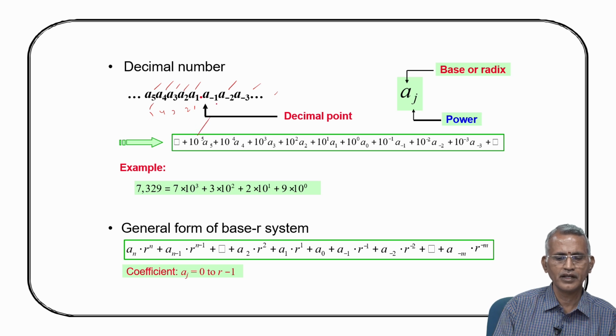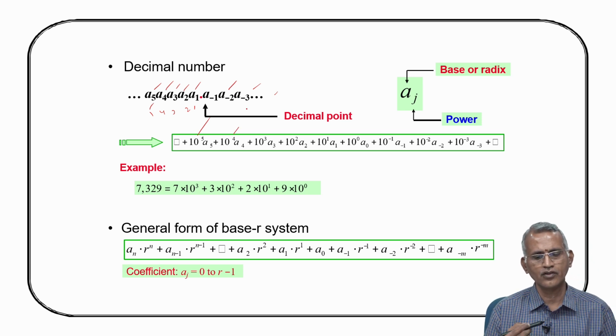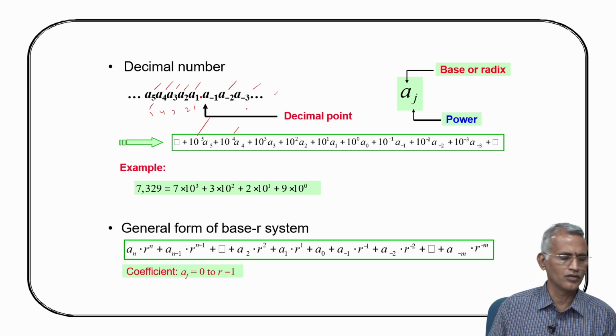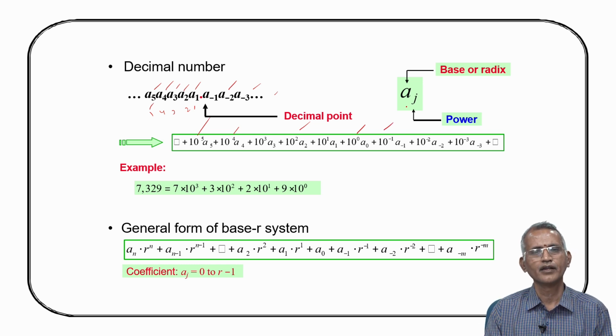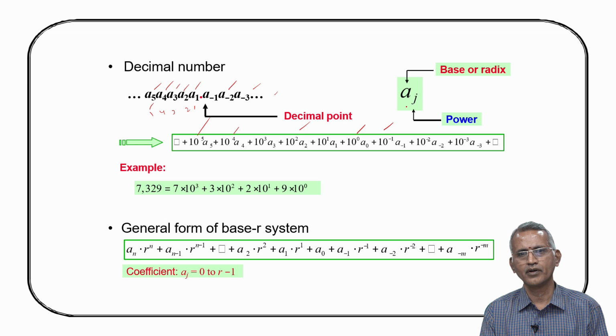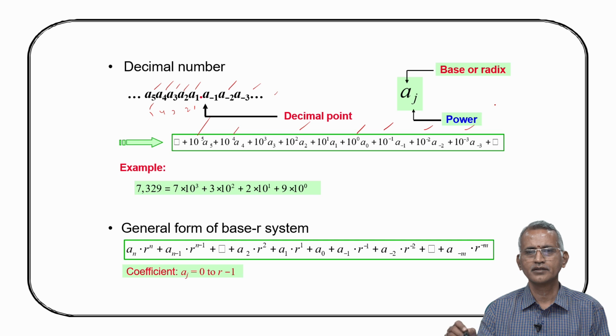Therefore, 10 power 5 into A5, next 10 power 4 into A4 plus 10 power 3 into A3, 10 square into A2 and 10 power 1 into A1, plus after the decimal, 10 power 0 into A0, plus 10 power minus 1 into A suffix minus 1, 10 power minus 2 into A suffix minus 2, 10 power minus 3 into A suffix minus 3 plus and so on.